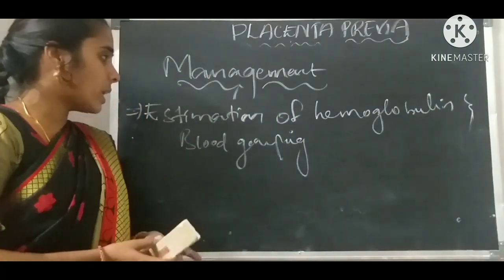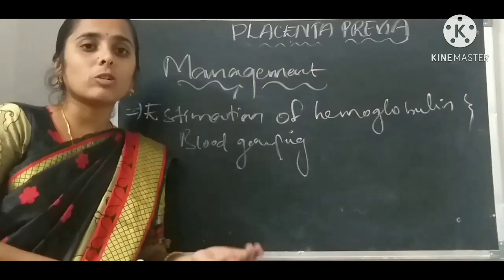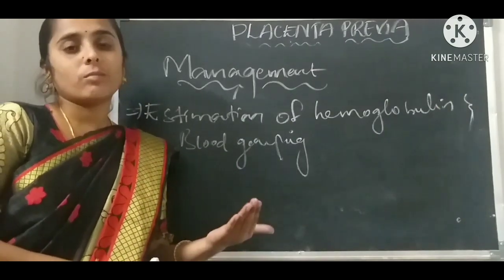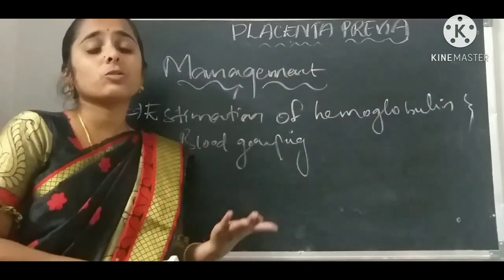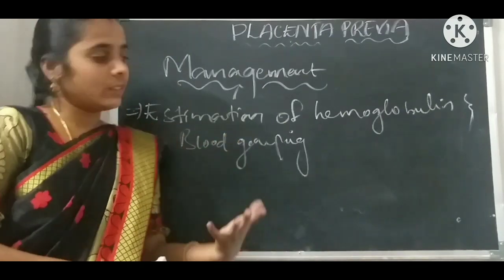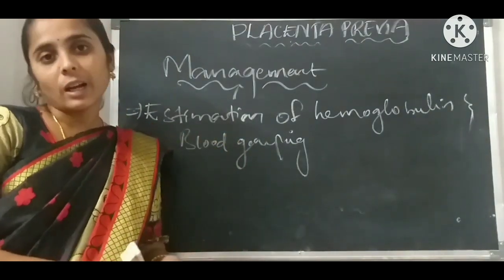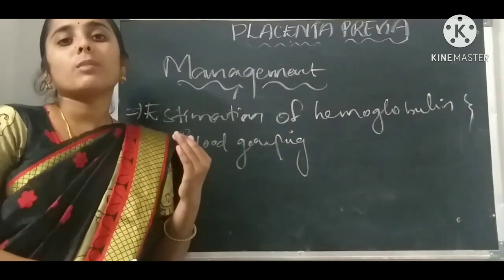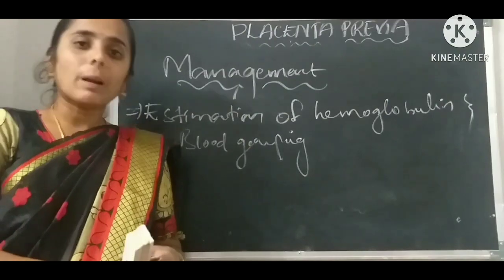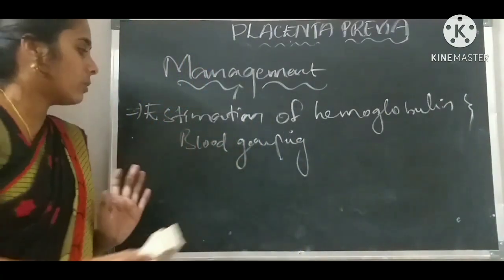So due to the blood loss, we have to estimate the hemoglobin level. What is the level of the hemoglobin? How much blood should be transfused to the mother? How much blood is needed? Which blood group? So blood grouping should be done. Blood transfusion must be done depending upon the hemodynamic status of the mother. So this is the estimation of hemoglobin and blood grouping.